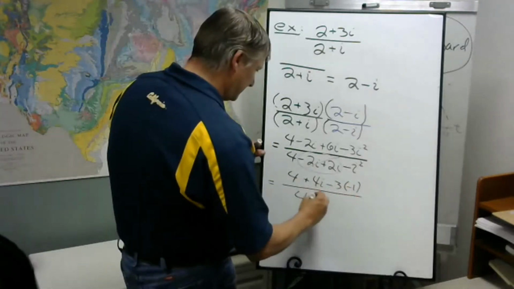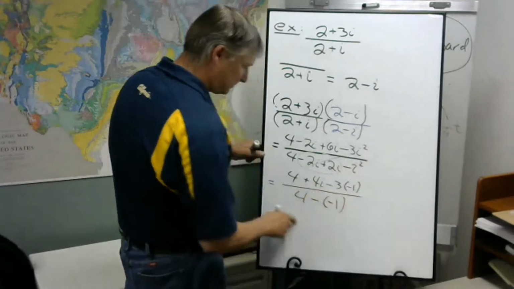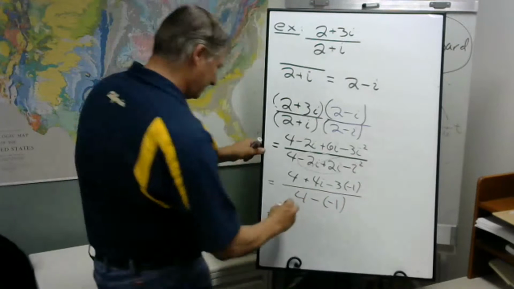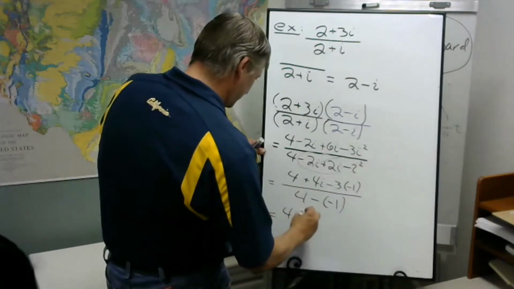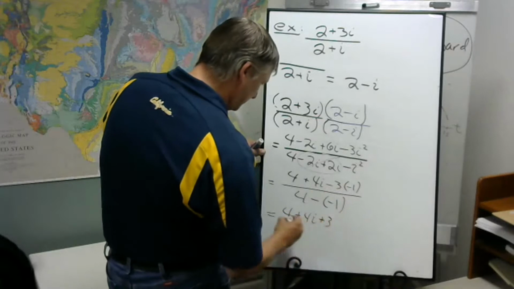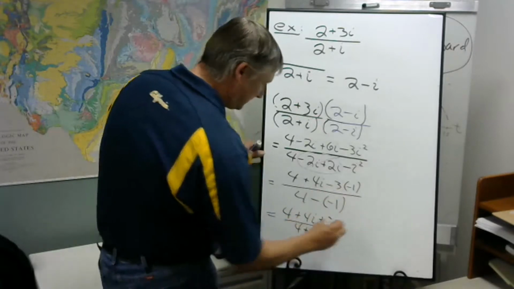Then we have 4 minus, again, i squared is minus 1. So we've got 4 plus 4i, negative and negative is positive.